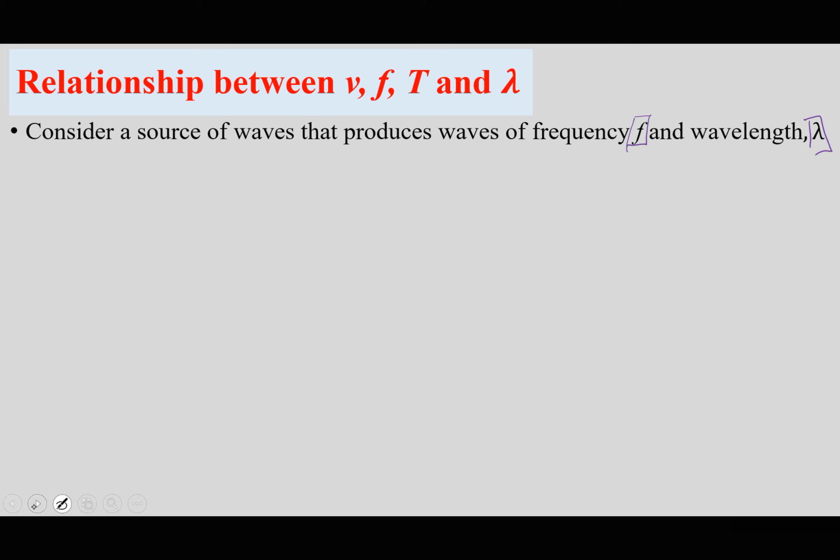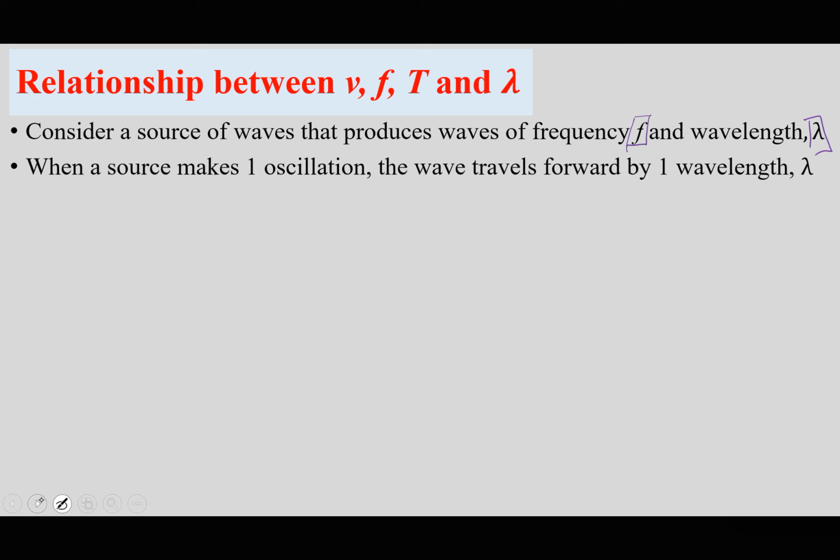Let's assume that a source makes one oscillation, that is one complete cycle. It means the wave travels forward by a distance of one wavelength. So one cycle is equal to one complete wavelength.